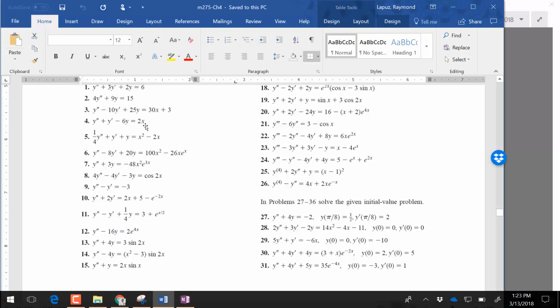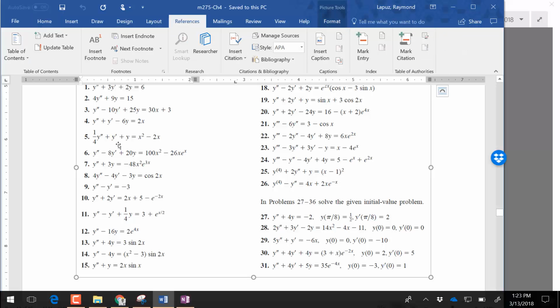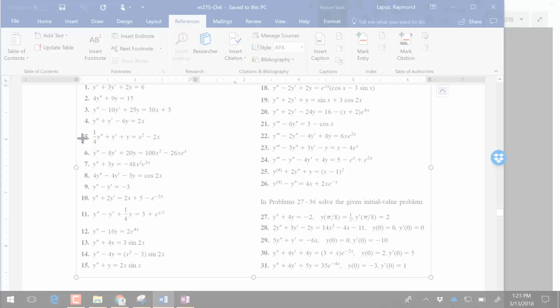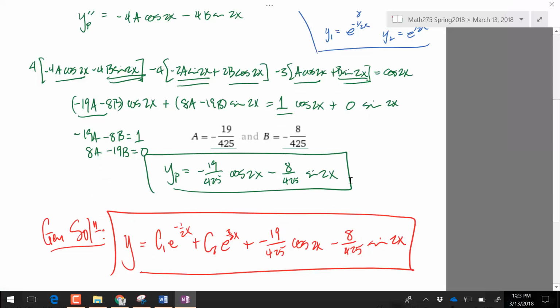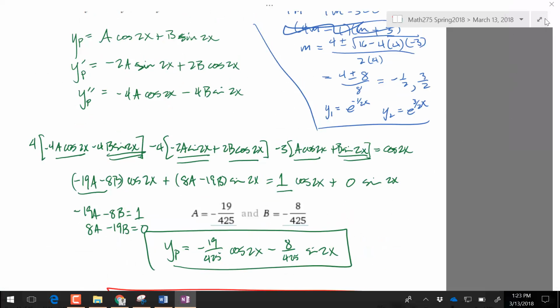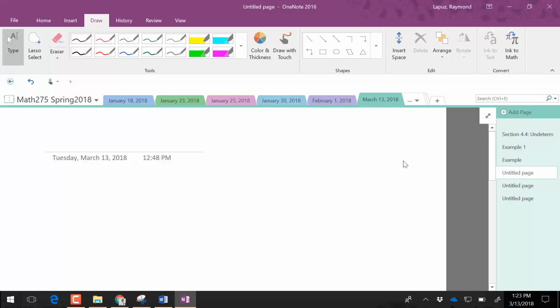Let's do a superposition example, number 6. So the idea behind superposition, if you recall, is if you have a solution to one thing and then you have another solution, you can just add them up.